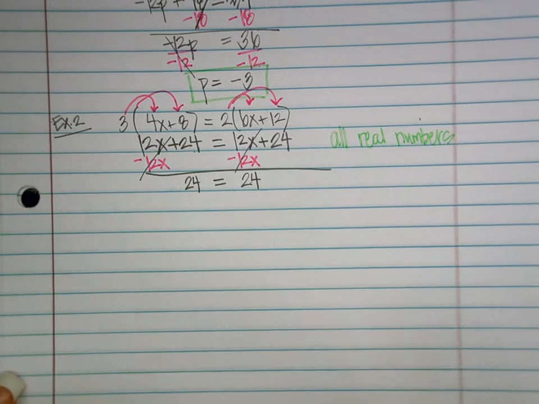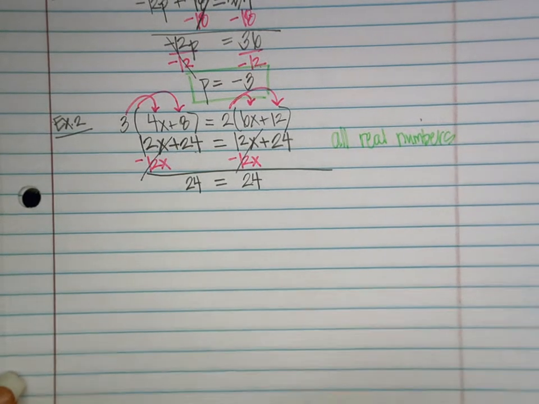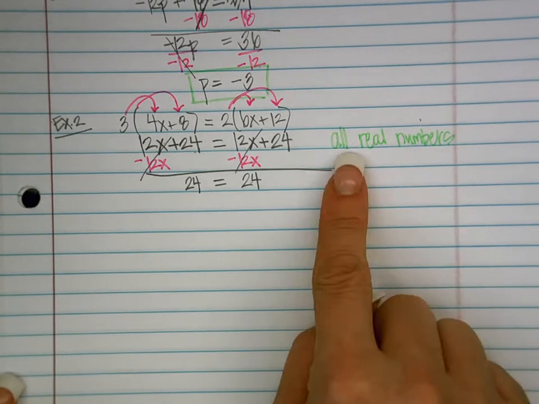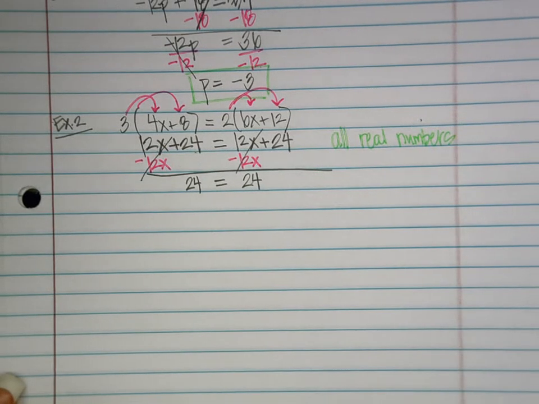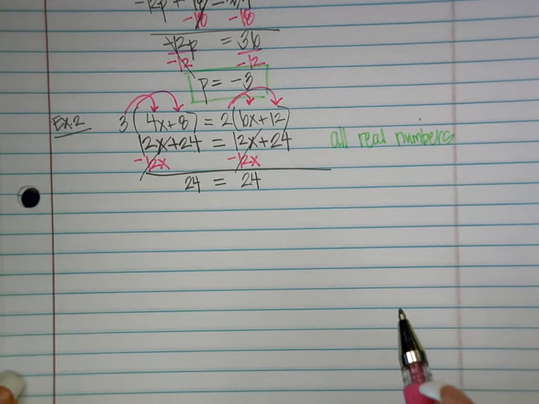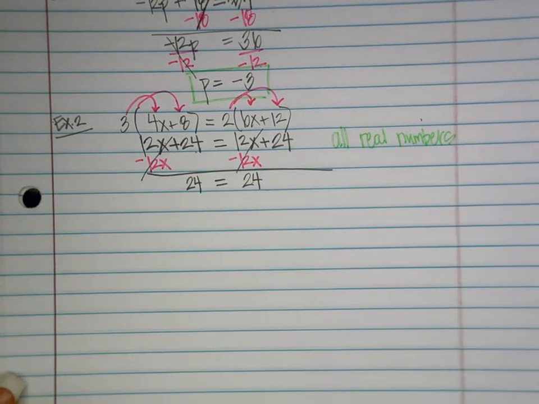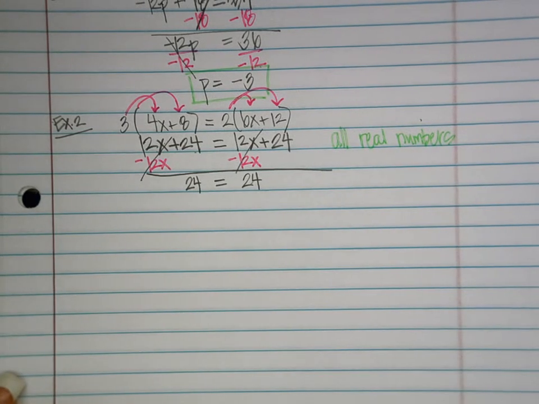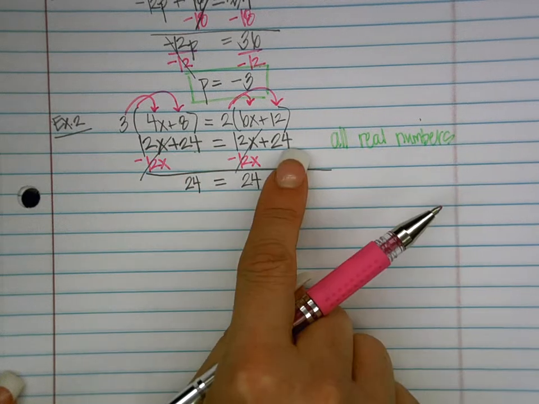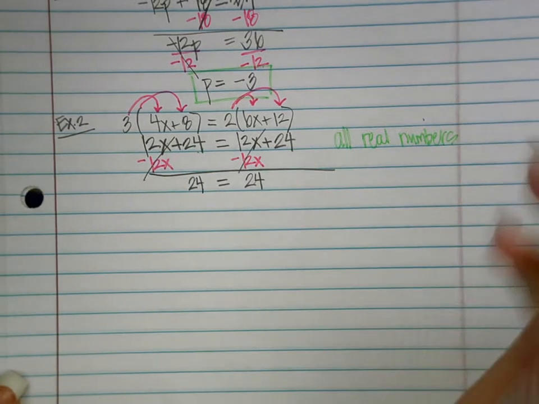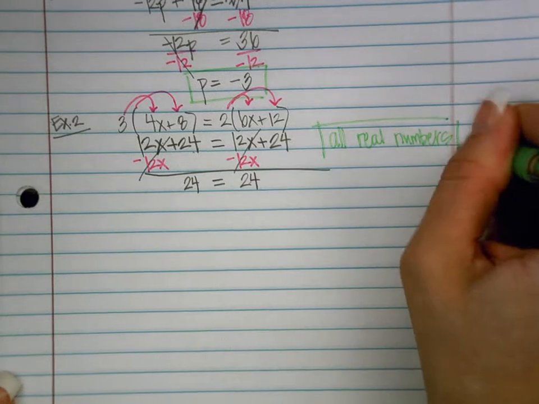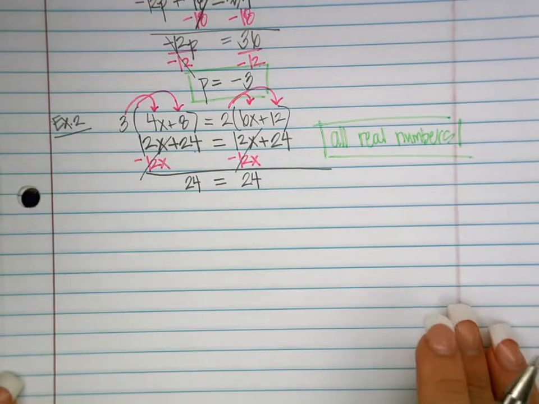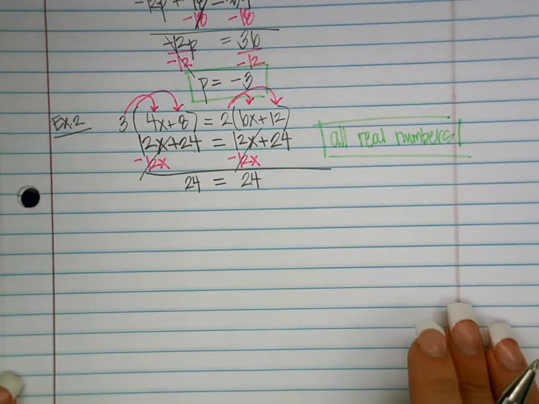So the answer here is something called all real numbers. You can't write just all numbers because it doesn't work for it. When you get to Algebra 2 or a higher math class, there's something called imaginary numbers. We are not dealing with those yet. Just know that anytime you get an equation that equals itself, the answer is all real numbers. That's a special case.